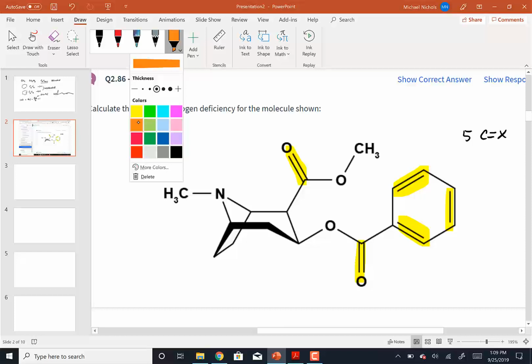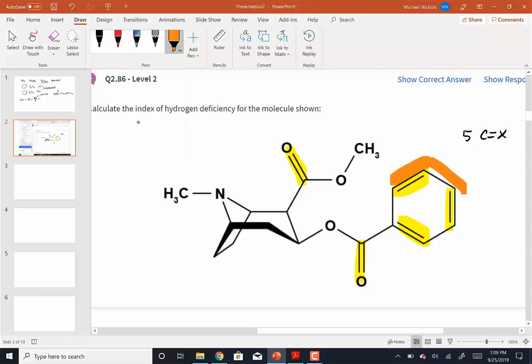We definitely have a benzene ring for 1. Benzene itself has a ring and 3 double bonds, which means it has a degree of unsaturation of 4. One of the things that's useful is if you had a molecular formula and somebody asked, are there benzene rings in this? Is this an aromatic compound?